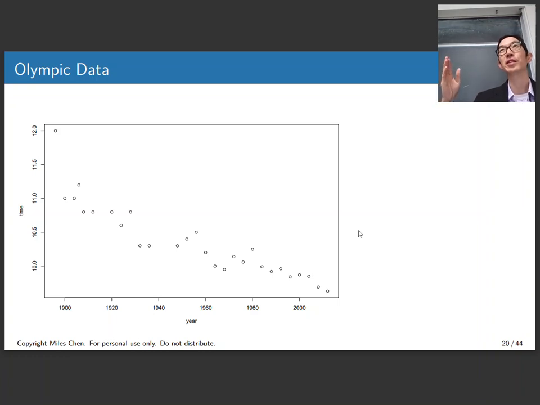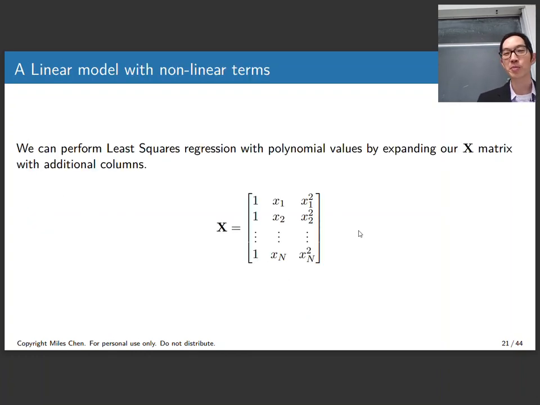Linear being you are doing a linear combination of the different terms, okay? One of the terms has a nonlinear relationship with the other terms, but the combination of those things is still linear together. So here we could do a polynomial thing.